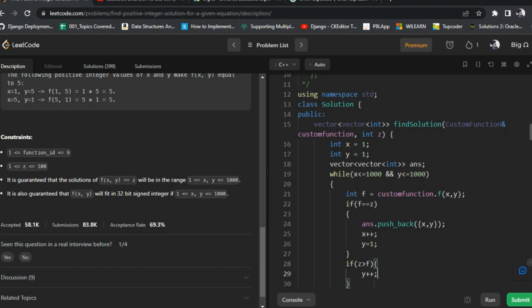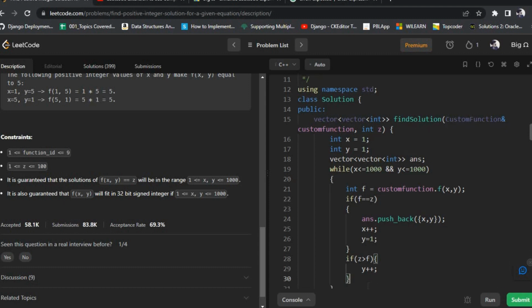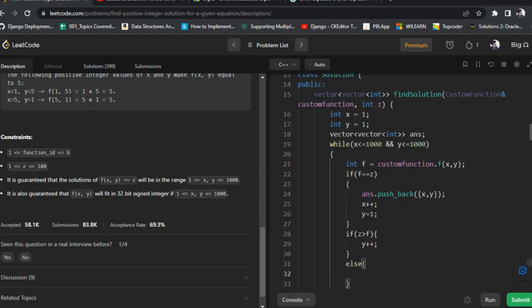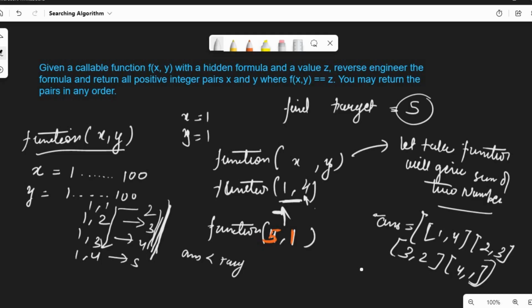Now else, if the answer is greater than the target, suppose here we got the answer, that is 6.